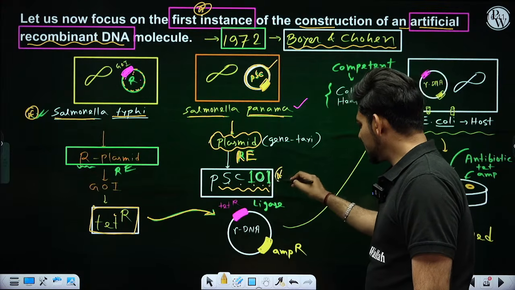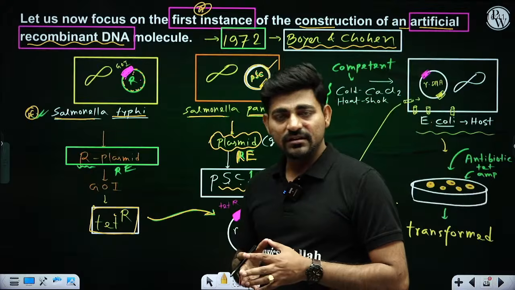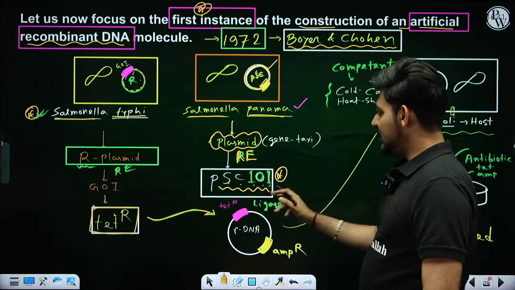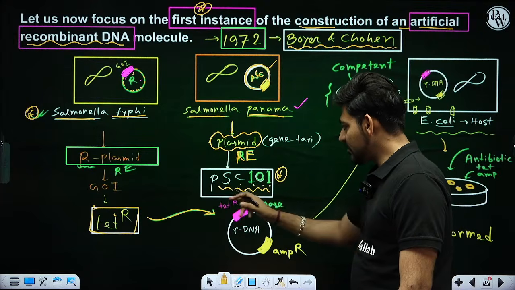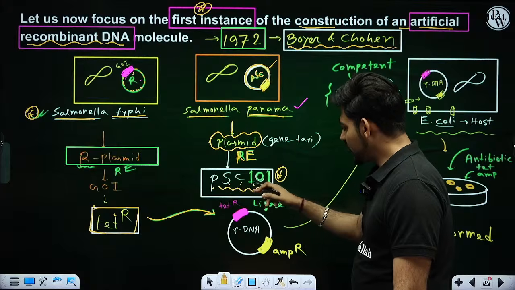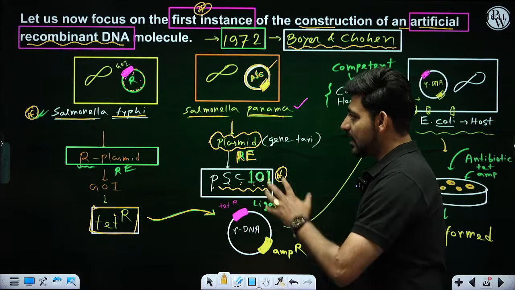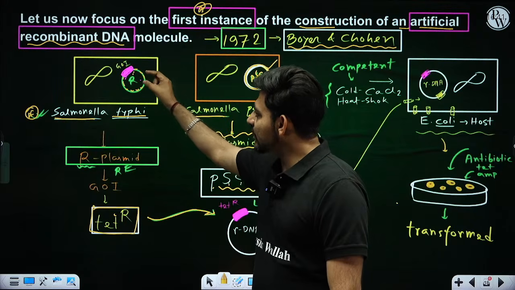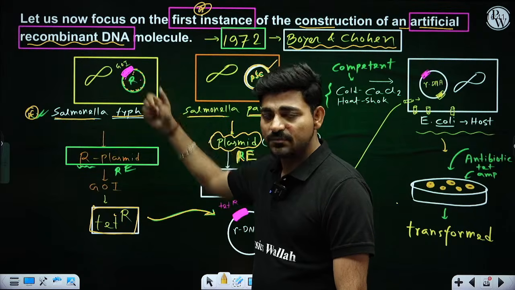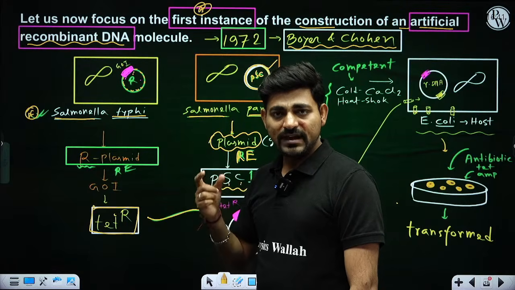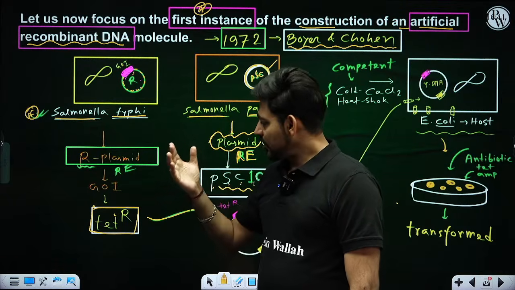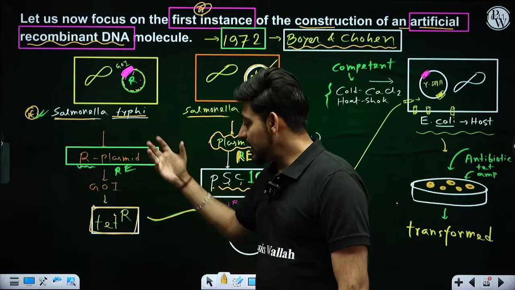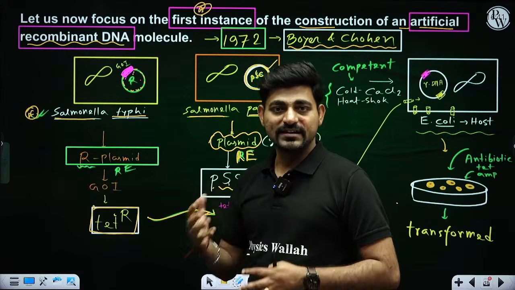You need to remember this. The first artificial recombinant DNA which was produced by Boyer and Cohen is PSC 101. Again I am repeating, they found a beautiful gene inside the plasmid of Salmonella typhi, and that gene is responsible to make the bacteria resistant against the antibiotic tetracycline.